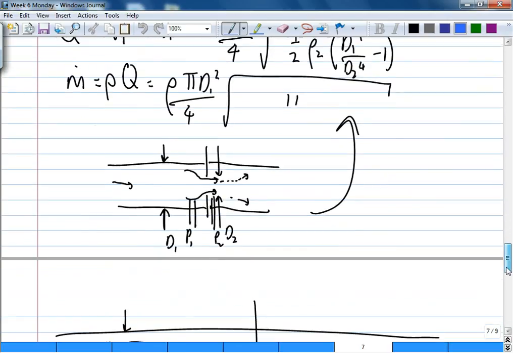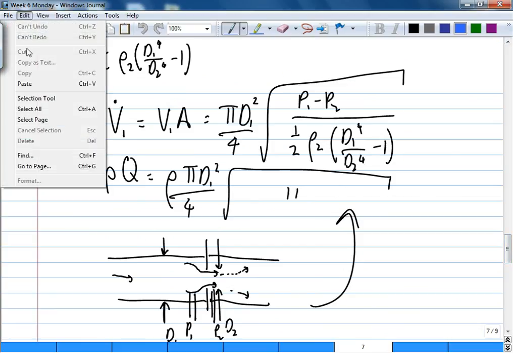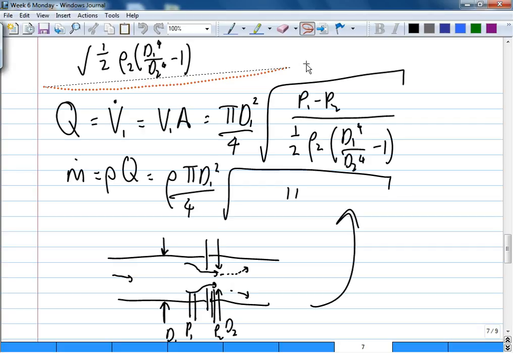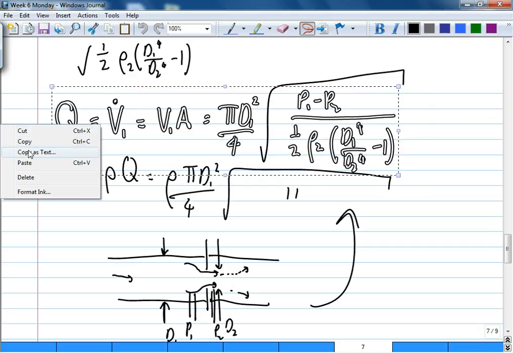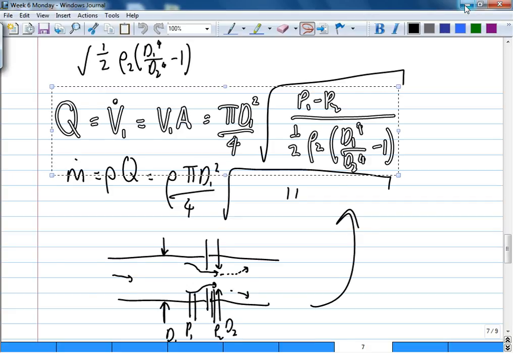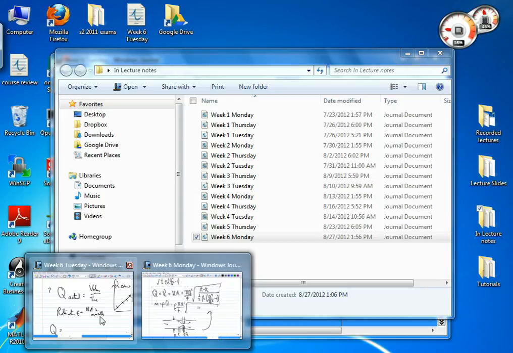So yesterday's flow rate, this one. We worked out yesterday that's the flow rate if you just use the pressure measurement.